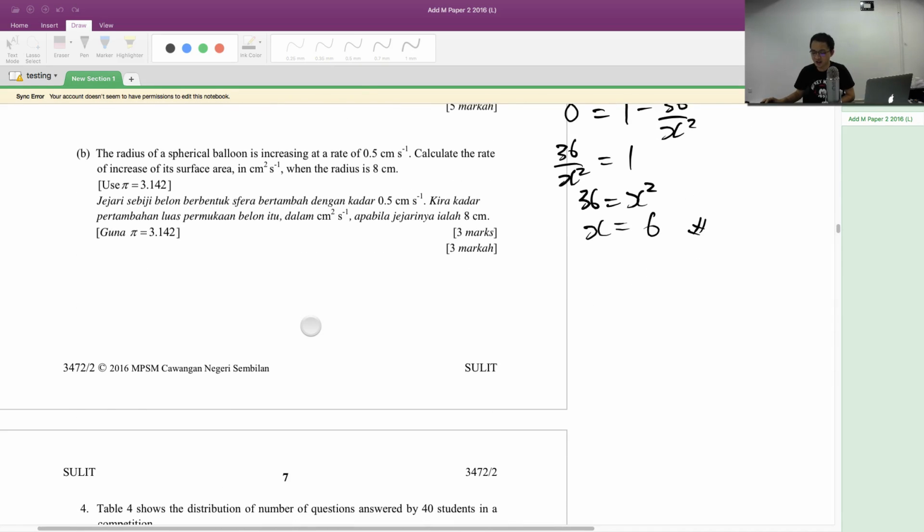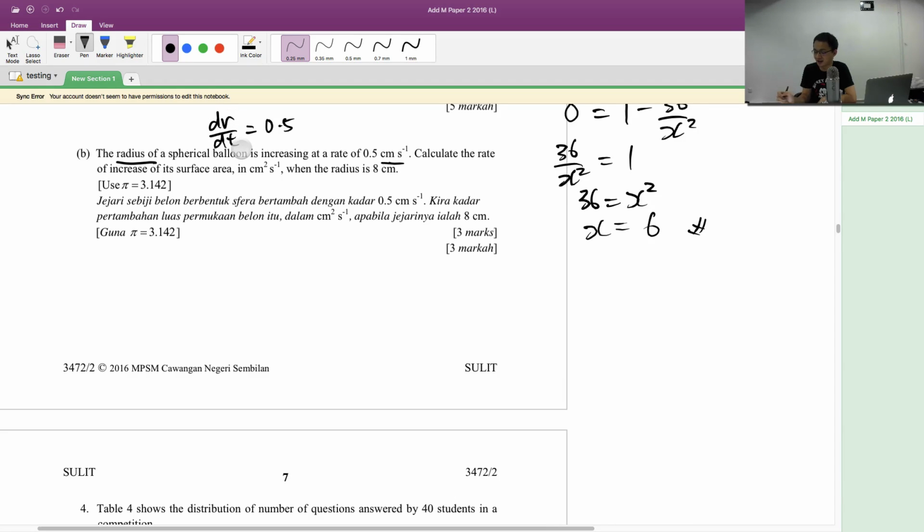Okay, the radius of the spherical balloon is increased at the rate. So that means this one is for radius. Radius increases at the rate, so I will call this dr/dt. It's 0.5. Of course, you see cm per second, you know cm stands for radius, per second stands for time.